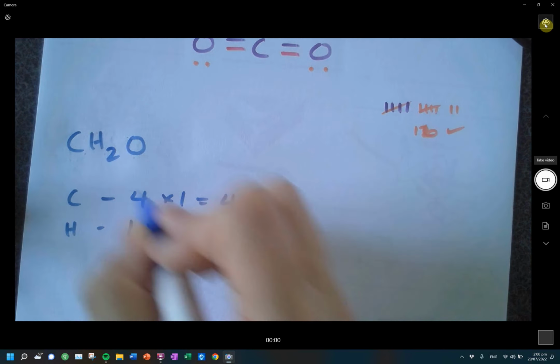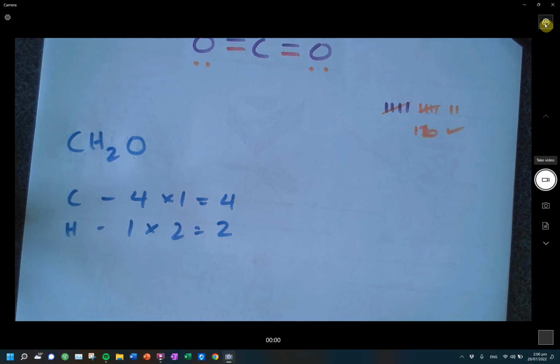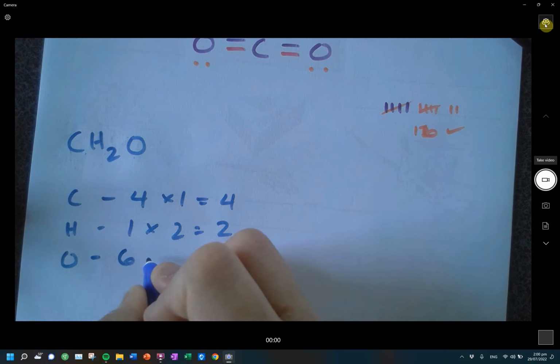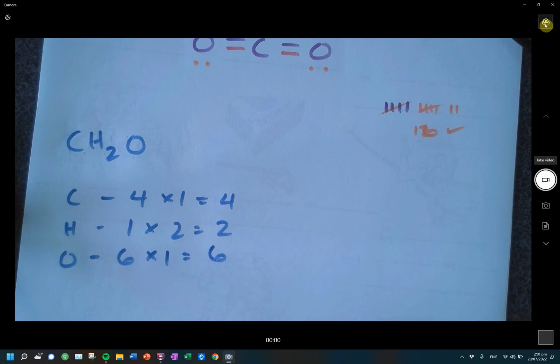I have 2 hydrogens there, so that gives me a total of 2. And then oxygen is in group 16. That gives me 6 electrons. There's only 1 there, so that gives me 6 total from that one. Cool. All right. Add them all together, and I'm working with only 12 electrons now.